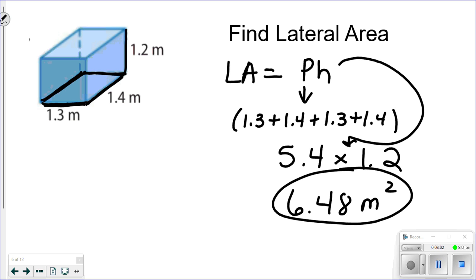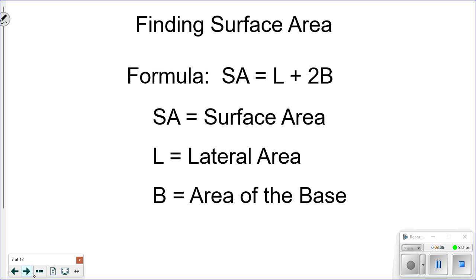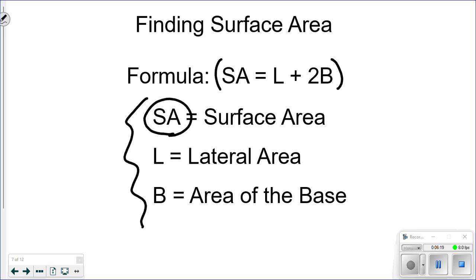Now you're going to use this to find the next thing, which leads us to finding the surface area. This has a formula also, and this is the formula. Make sure you get these written down, because if you just look at this, you'll never know what it means. Surface area, that's a given. L means lateral area, which we were just finding.